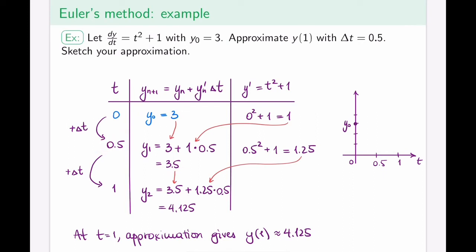So let's say up here, this was my y1. And at t equals 1, my y-value was 4.125. So somewhere up here, this was y2. So my tangent lines went like this and then a bit steeper like that.